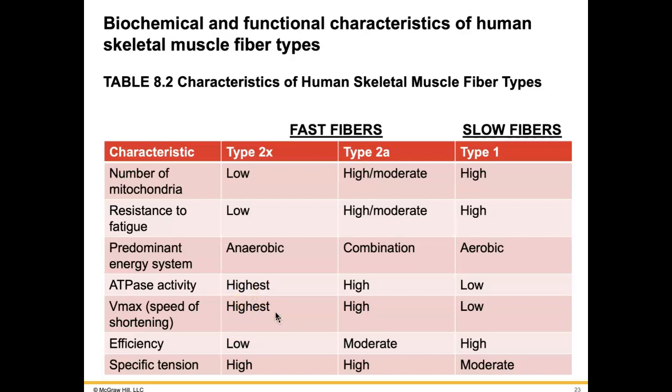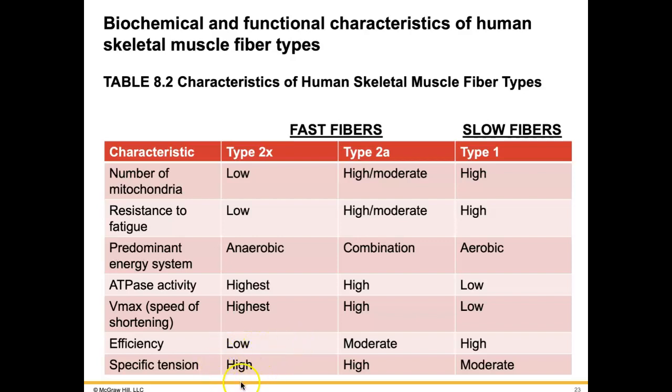And that's because these muscle fibers are known to generate the highest power output of all the muscle fiber types. So while this is great for generating power, it is going to be low efficiency because we are getting a greater energy expenditure per unit of work performed. So we're able to produce more power, but we're expending a ton of energy in order to do it.